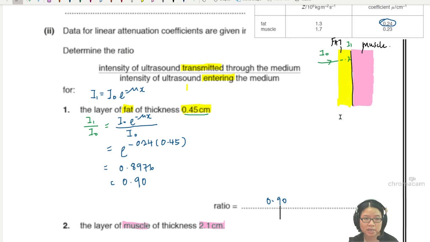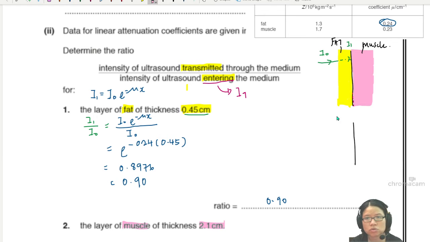Okay, so we're going to do the same thing again, but it says entering the medium. You can put this as I1 and then pass through everybody. So here is I1. When we enter here, the entering is actually the transmitted ultrasound, whatever that ratio is. To make sure we are not confused, I'm going to redraw the muscle boundary again.